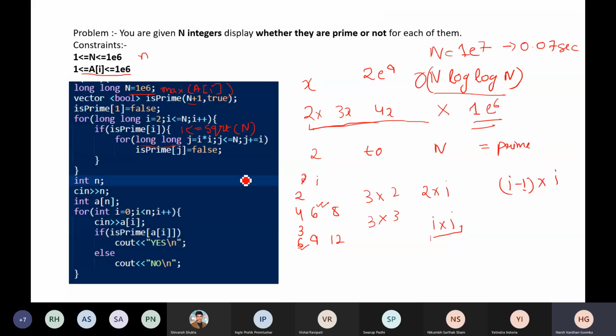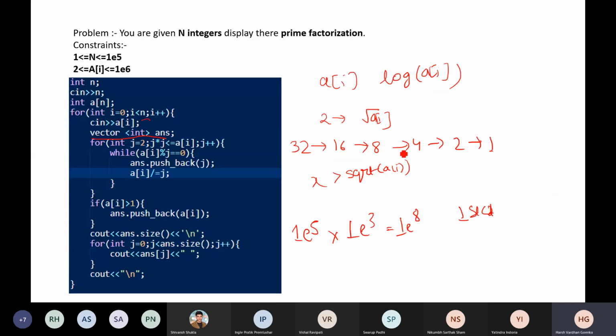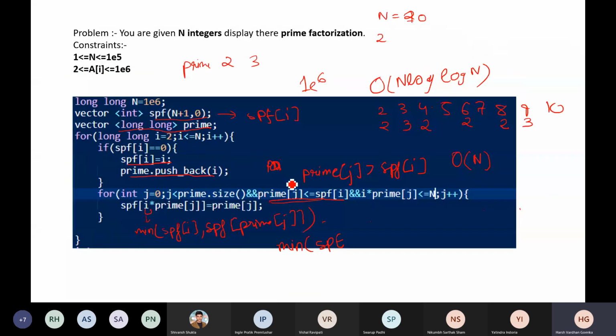While doing this, I could have just taken the minimum of, so this would have also worked, but it would have taken n log n operations. It does not matter much, but if you observe, this code will take O of n operations. Each number will be visited exactly once. If you give it a dry run, you will be able to understand.